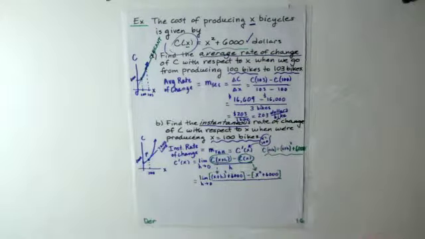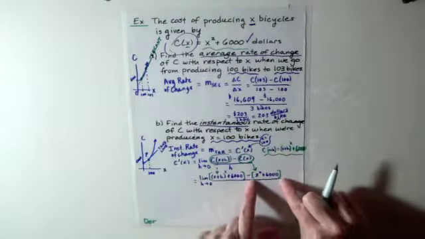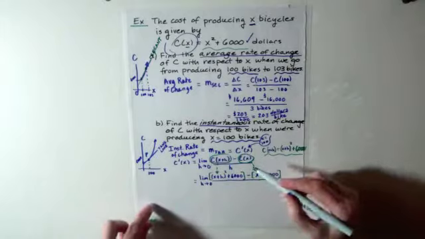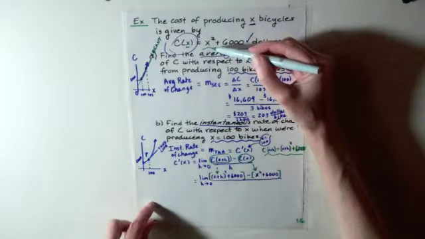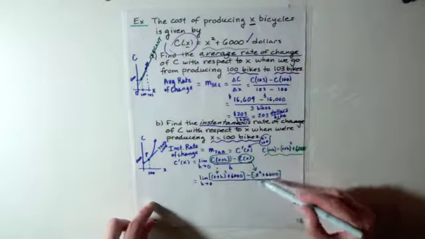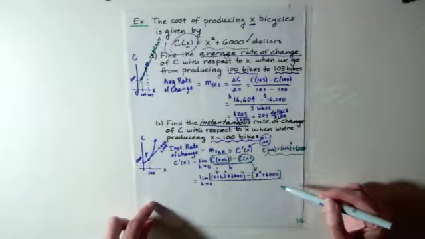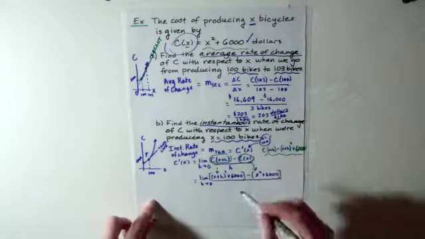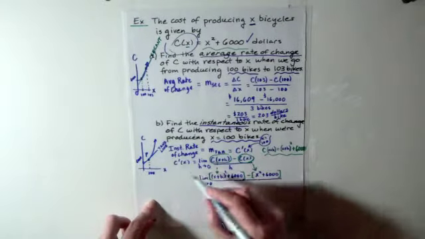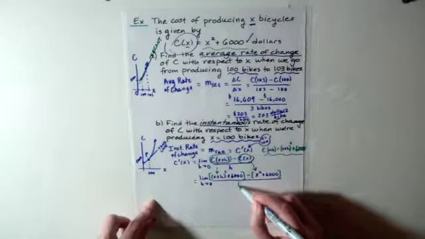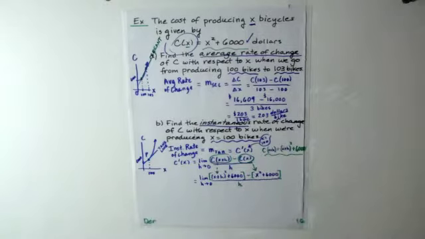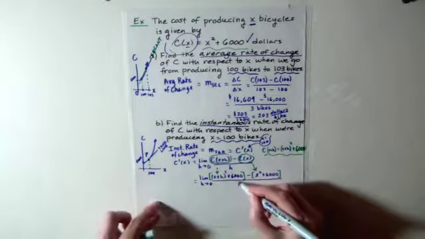I'm using square brackets here, but you could use rounded parentheses as well. But just be sure to put that in parentheses because you don't want to subtract just the first term of your cost function. You want to subtract the entire cost function, which is x squared plus 6,000. And then, according to my formula for c prime of x, I have to still divide all of that by h. Okay, let me put that in purple.